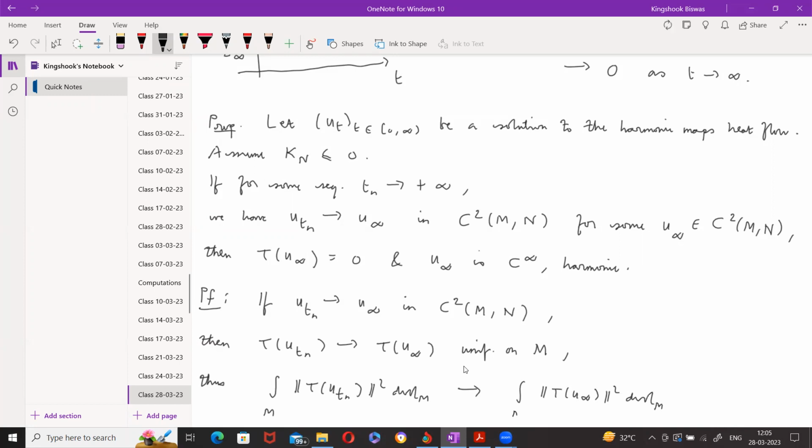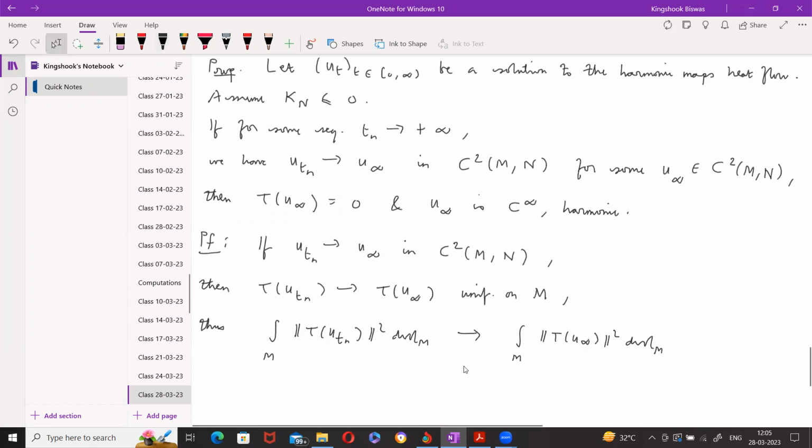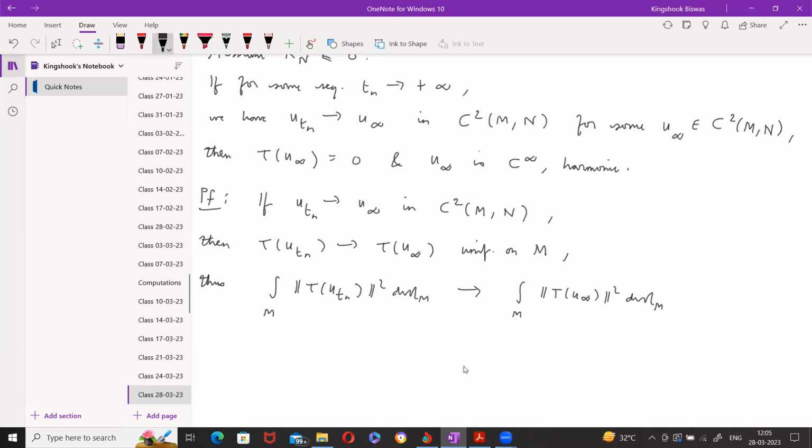Okay. By the work that we did above, the integral of the norm squared of tau(u_tn) we showed converges to 0, right?